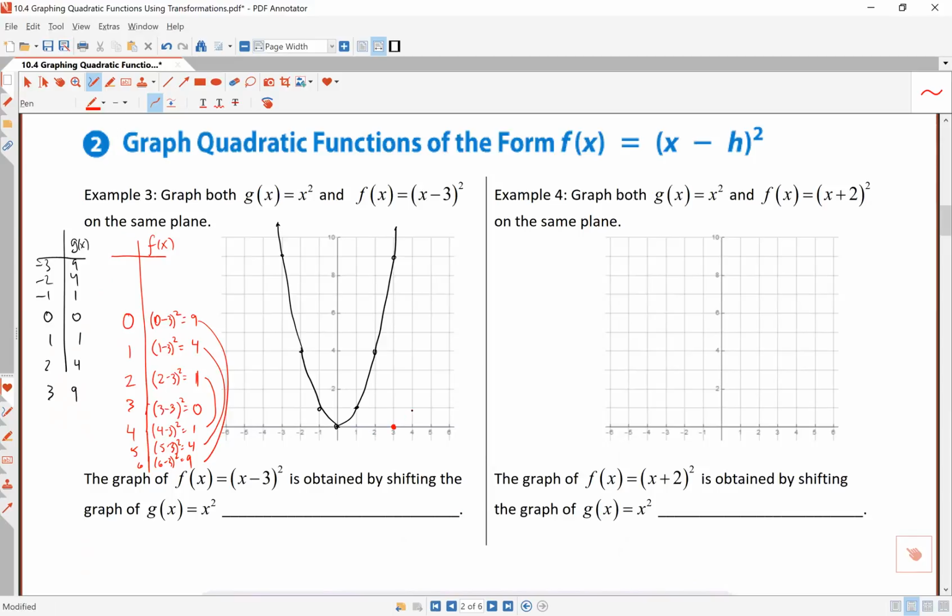And then it goes 4, 1, 5, 4, and 6, 9. We have the same points on the other side, 2, 1, 1, 4, and 0, 9.